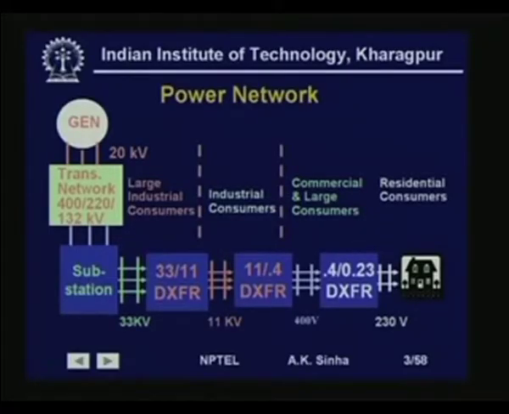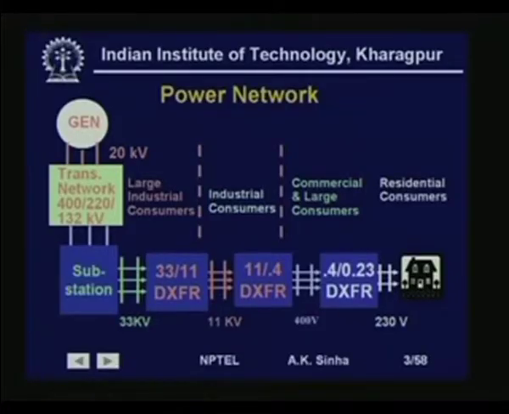As we have said earlier, we have different voltage levels in a system. The generator generates at an optimal voltage level, which is somewhere around 11 to 25 kV. So, generator voltage can be anywhere in between that.